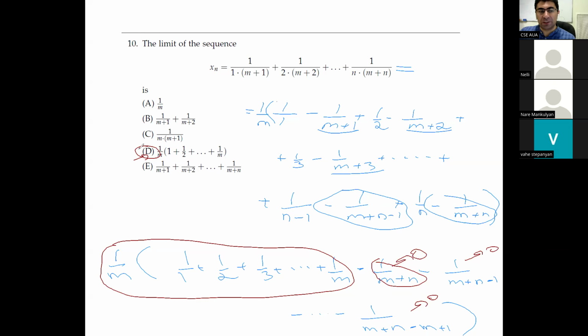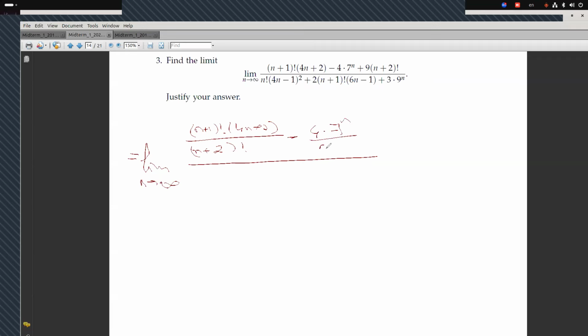So the numerator is divided by (n+2)!. The first term, (n+1)! times (4n+2) divided by (n+2)!. Then we have minus 4 times 7^n divided by (n+2)!. And we have 9 times, okay, not just 9.